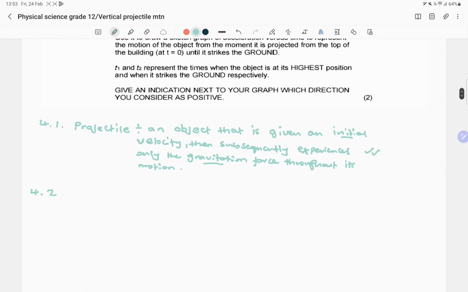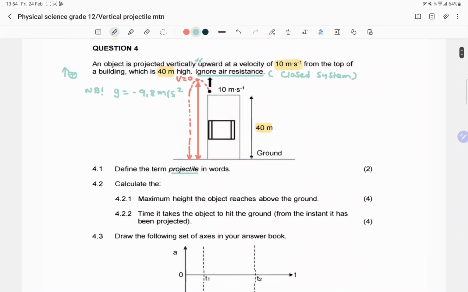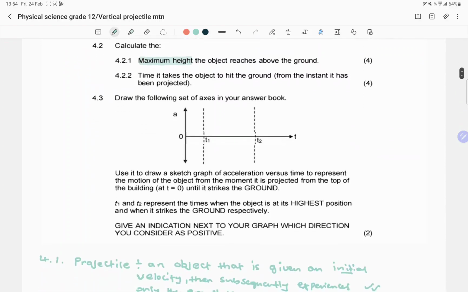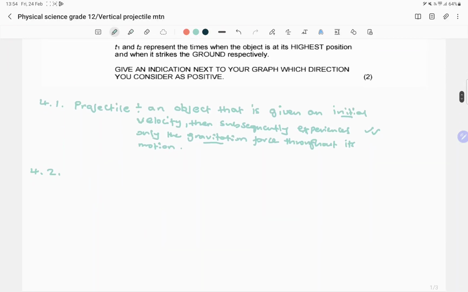So let's see 4.2. What is the requirement here? 4.2 says calculate the maximum height the object reaches above the ground. Easy. So we can start by doing some calculations. The final velocity squared is equal to the initial velocity squared plus 2g delta y, isn't it?